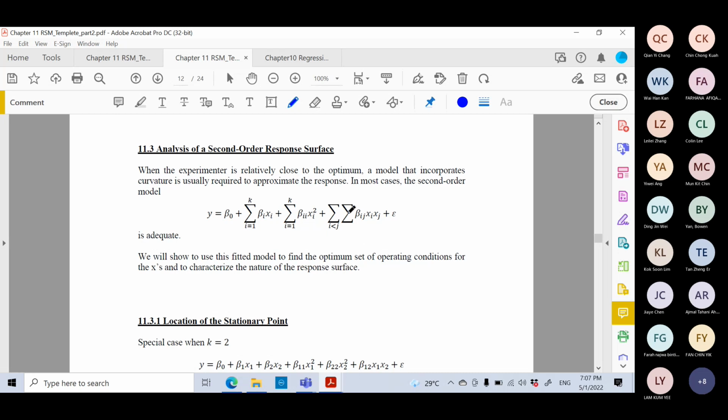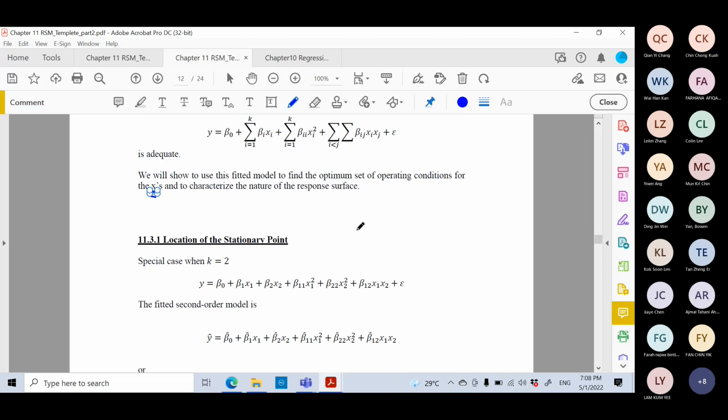After we fit the model, we already have all the parameter estimates, and then we want to know whether this equation will lead you to the maximum or the minimum, or you don't have a maximum or minimum, which we call a saddle point. So we want to know what operating condition of X leads to the optimal solution, or the nature of the response surface.